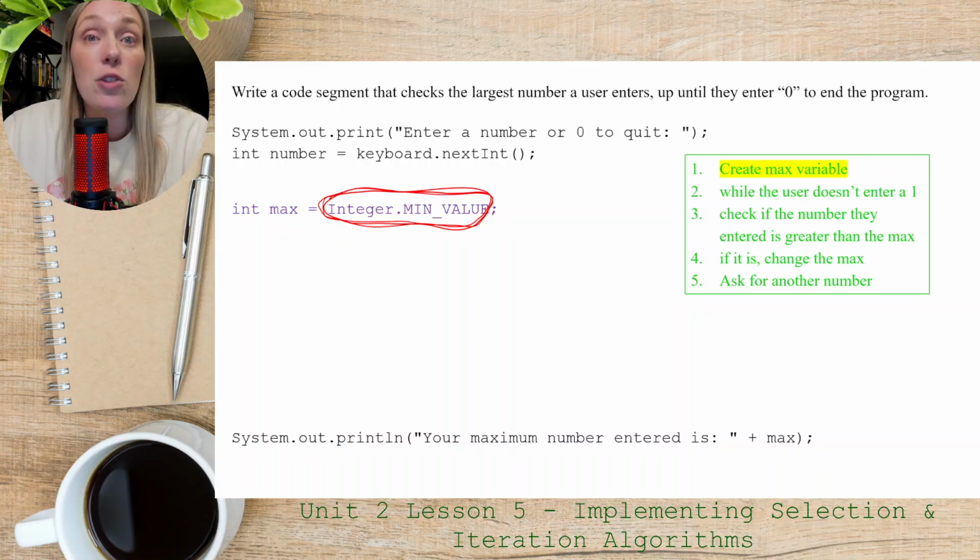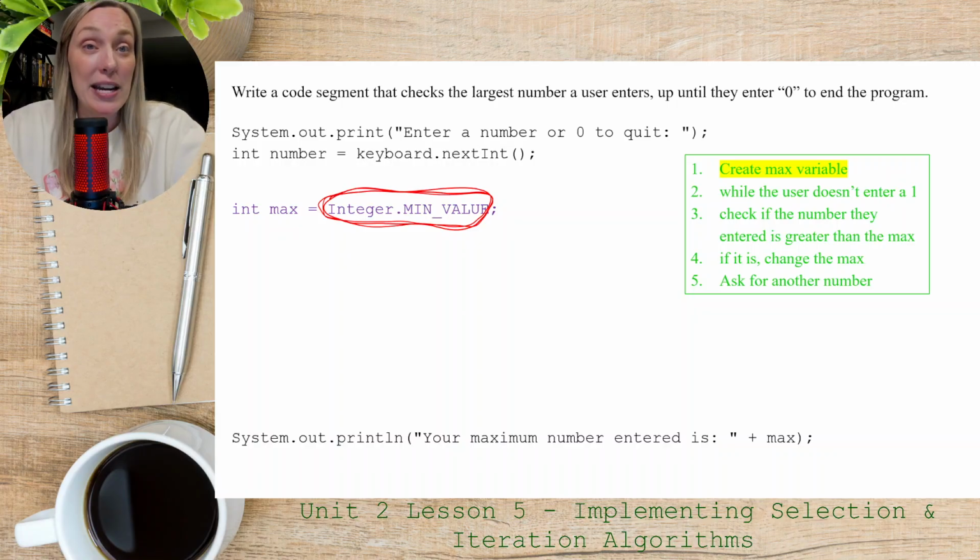And MIN_VALUE is a static variable that holds the minimum value of an integer number, so the lowest possible value that can be stored in an integer. This is a constant that we can call on.